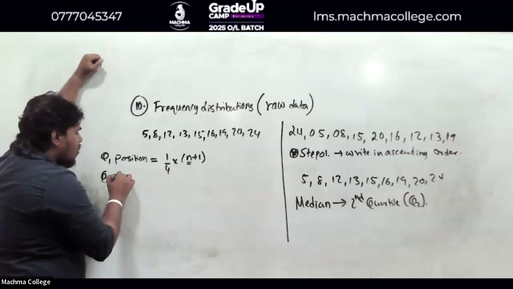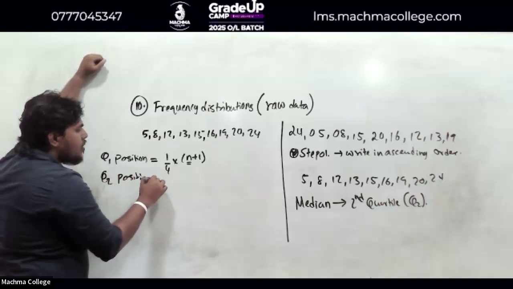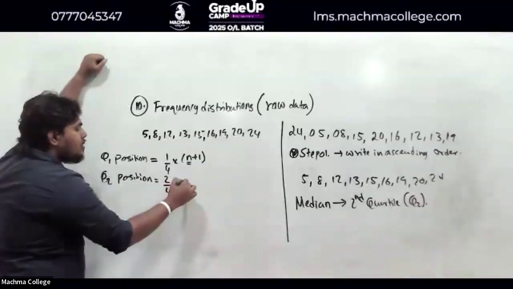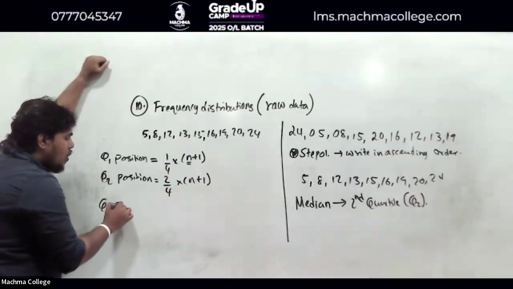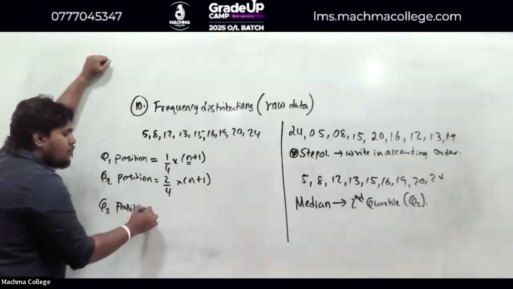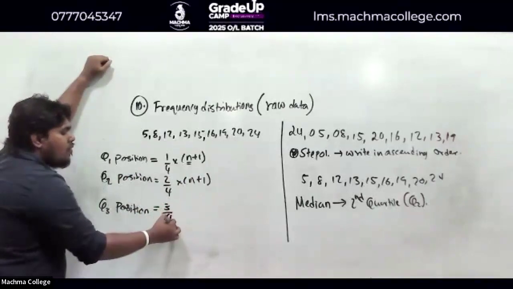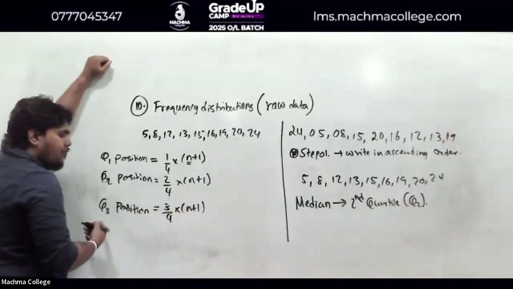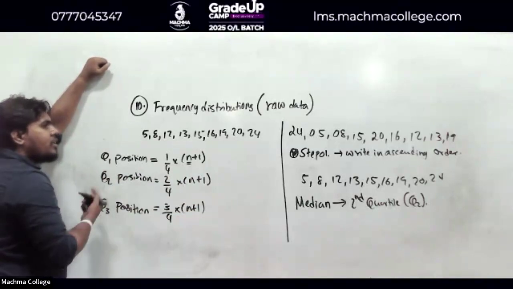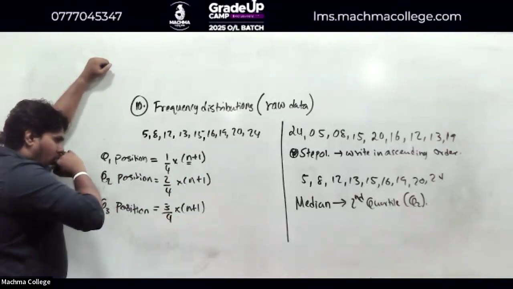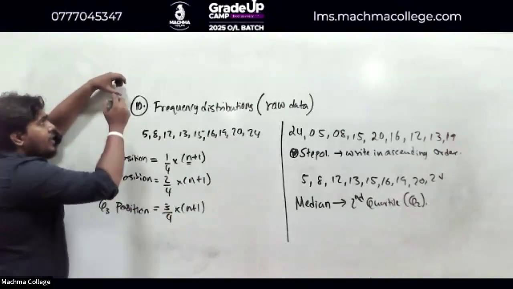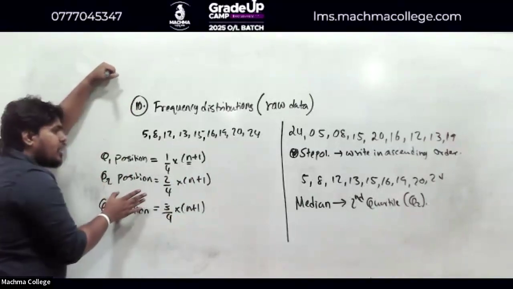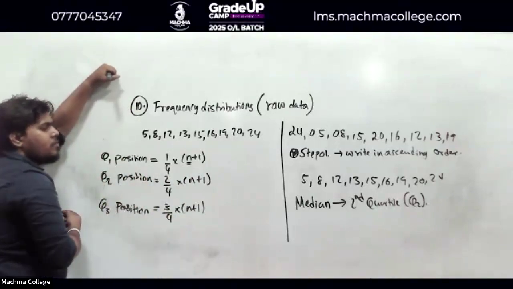If you want to calculate the second quartile position, then 2/4 times the number of elements in the data set plus 1. For the third quartile position, 3/4 times the number of data plus 1. There is no fourth quartile, only 3 quartiles we have.